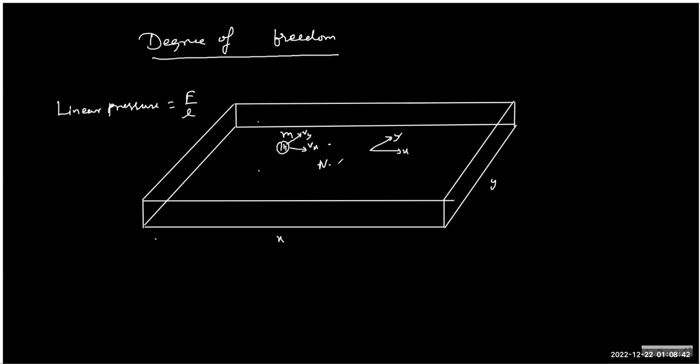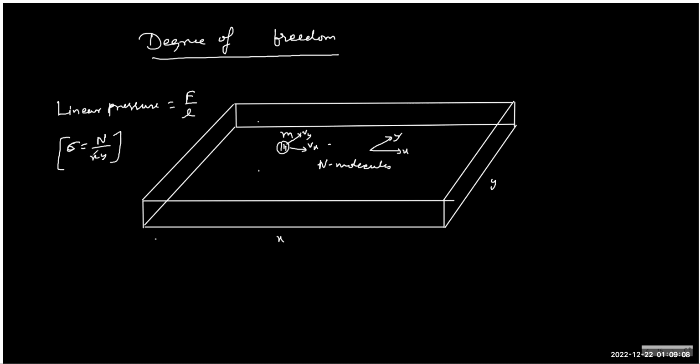You can take n molecules on this table, and you can define a concentration C as n upon. There we were defining density. Here we have the surface density.